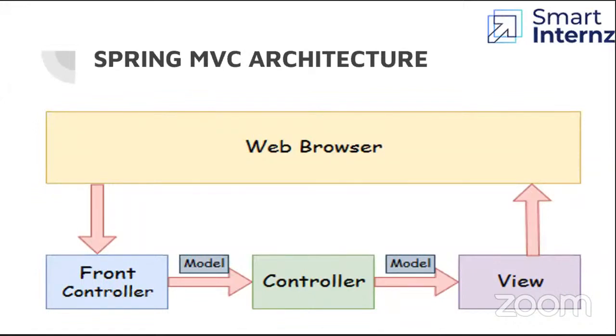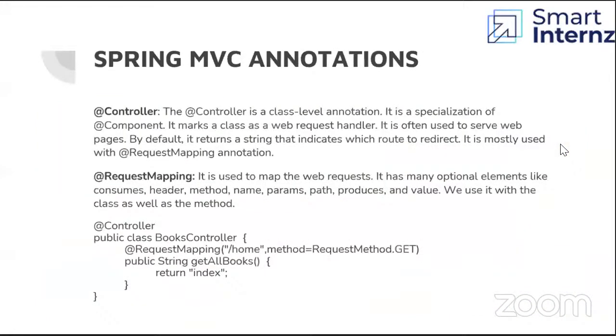Next, we have Spring MVC annotations. What are the annotations that are provided by Spring MVC for us? We have @Controller, which makes the class a controller class. And next we have @RequestMapping. Whenever the user requests, basically these are nothing but web requests, that is HTTP requests.